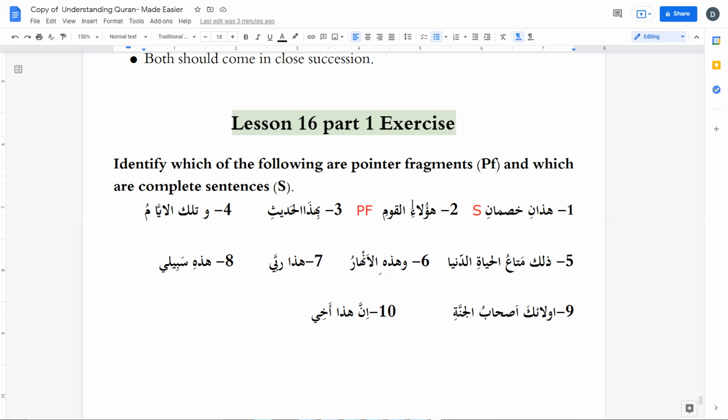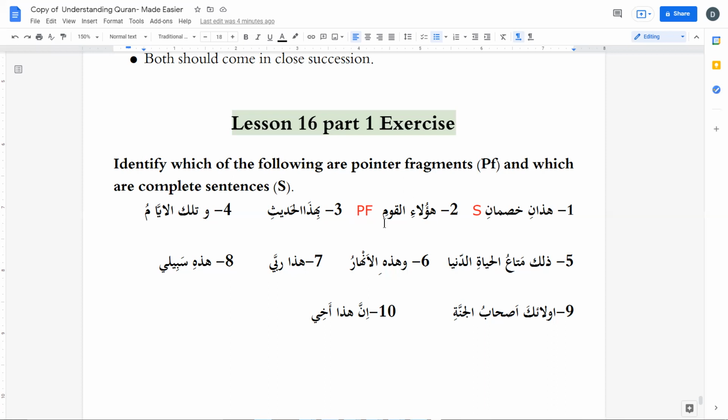Let's leave the status for a moment. Both are plural and both are proper ism. Why? Because ism ishara is one of the types of proper ism, and al qawmi is proper with al, right? And because this is a fixed ism, non-flexible, Hawla is non-flexible, so it can be in jar status with al qawmi.